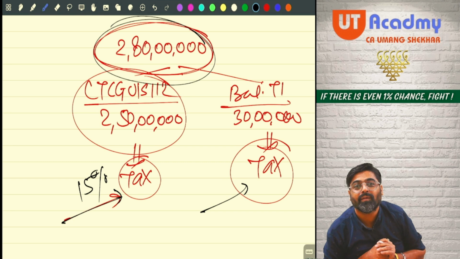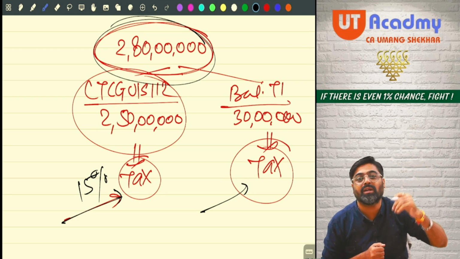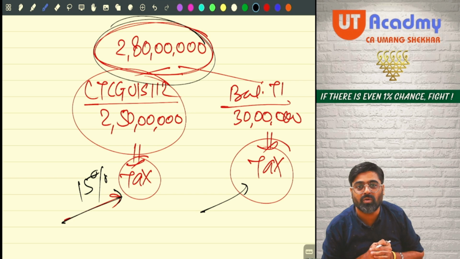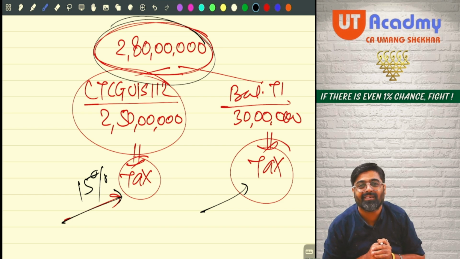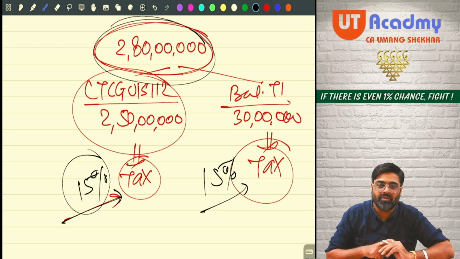You cannot say, no, I will pay 10%. Just imagine your total income is more than 2 crores. Are we asking 25% from you? No. But at least pay 15%. So here also 15% and here also 15%.